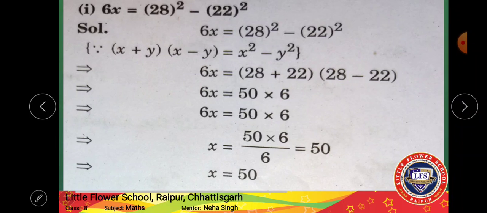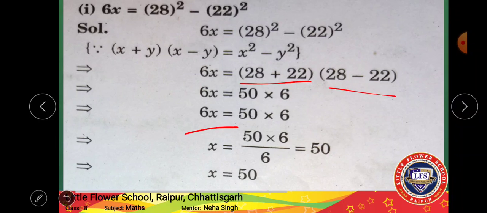Instead of multiplying, finding the square, I just need to add and subtract, which is simpler than multiplication of a 2-digit number. So 28 plus 22 and 28 minus 22. So 6x is 50 into 6.